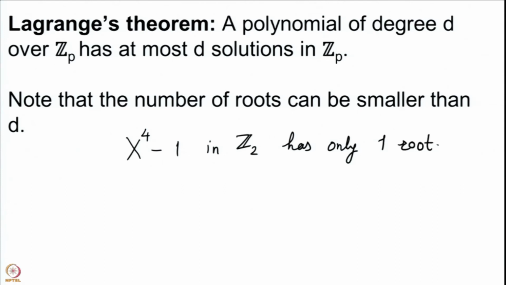But here you may say that Z2 actually has only 2 elements, 0 and 1. 0 to the 4 is 0 and 1 to the 4 is 1. So, the fact that you have only one root, which is smaller than 4, is not very striking, because Z2 alone has fewer than 4 elements. If you are looking at a polynomial of degree d, with the degree being bigger than p, then it should not be surprising that the number of roots is smaller than p.